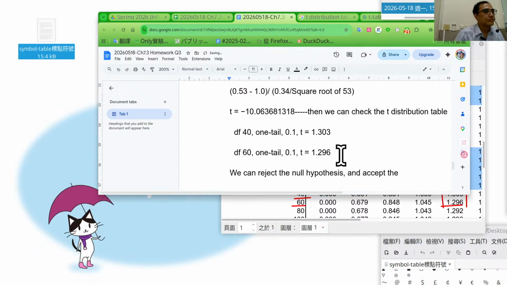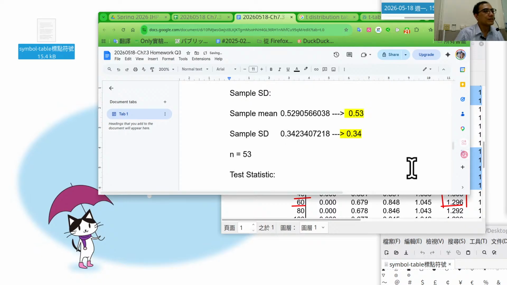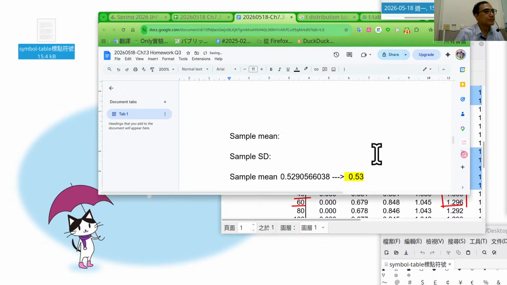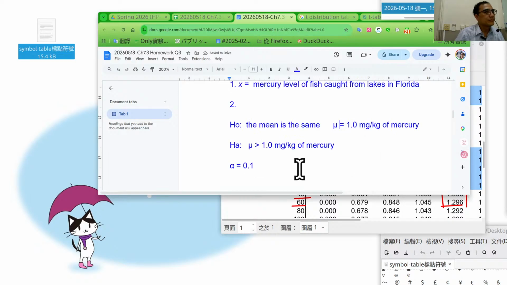Oh, sorry, I shouldn't say that. Oh, sorry. I modified the assumption here.